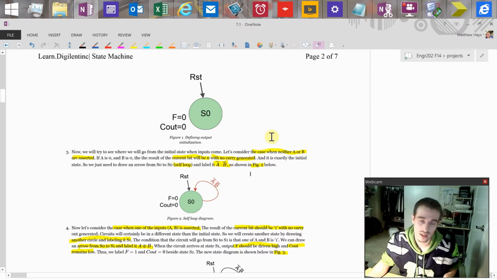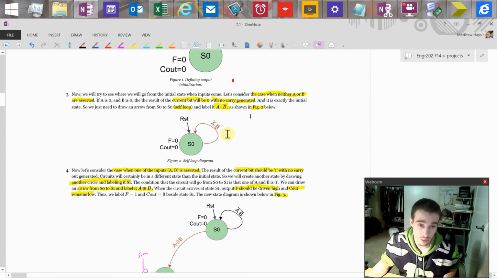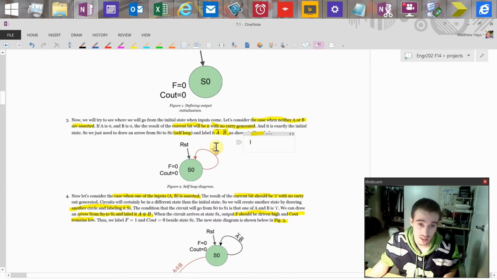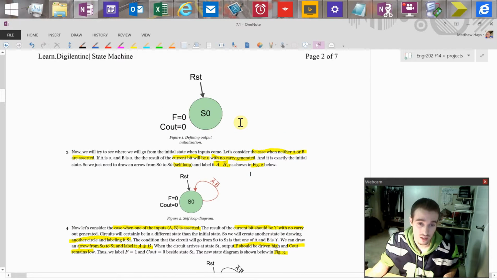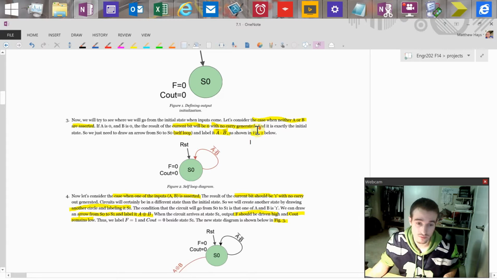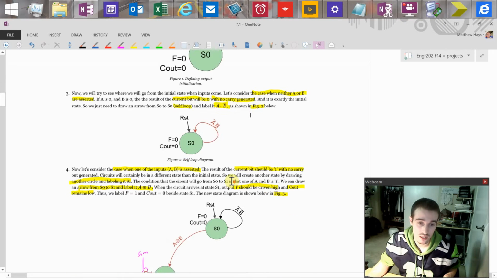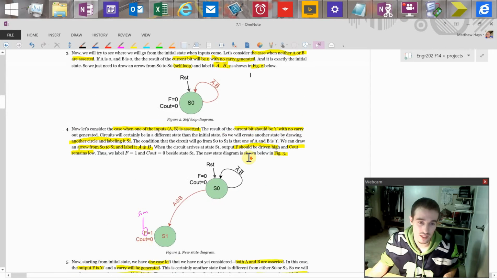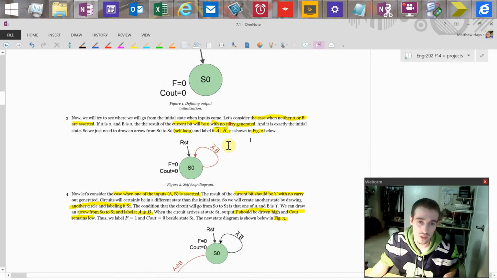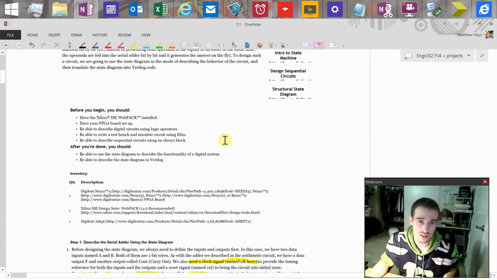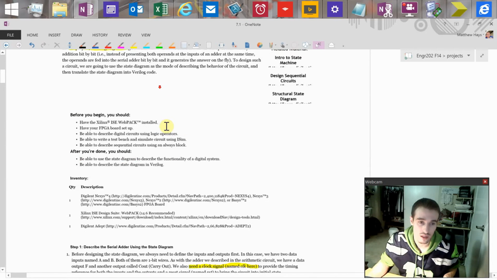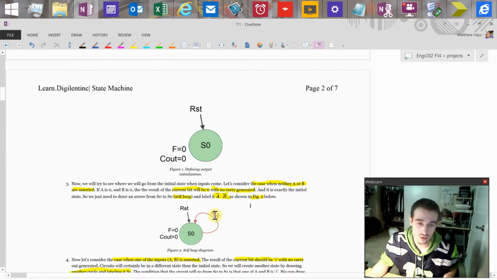So anyway, what I did is I just read through this, and it all made sense to me. It's saying, if you're in this state, and A and B is your input, it took me a second to figure out what A and B was. It's just an adder circuit, so A and B are the two digits being added together.